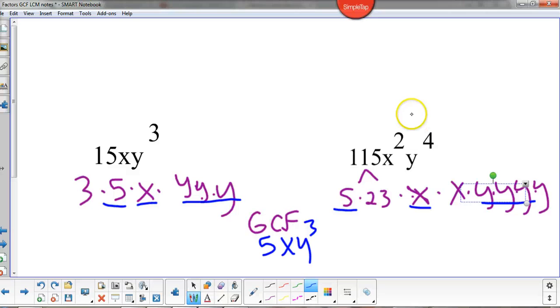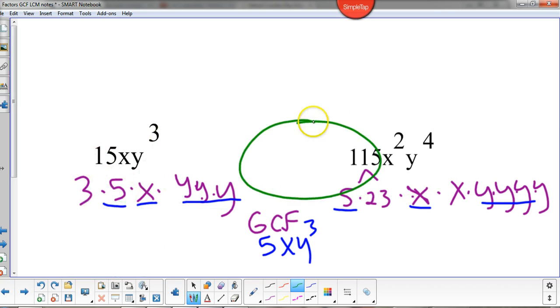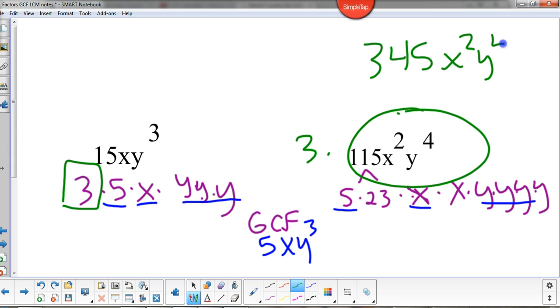And really, the easiest one to do would be to take this monomial and multiply it by, right? The only thing that wasn't used over here from the 15xy to the third is the 3. So if you just take this and multiply it by 3, you get whatever that is, 345 x squared y to the fourth. And that would be the LCM.